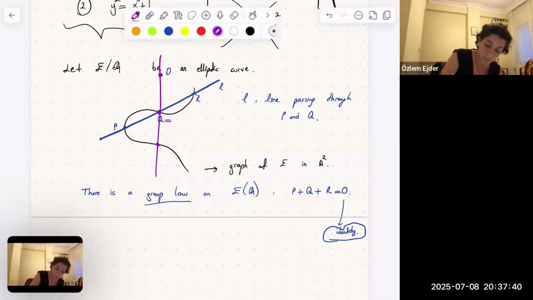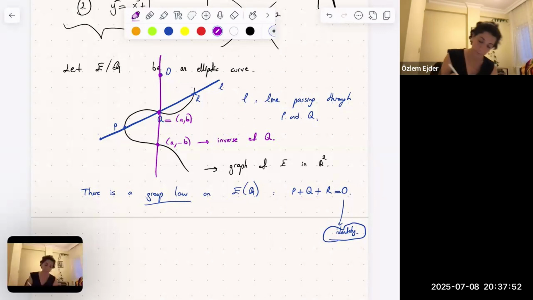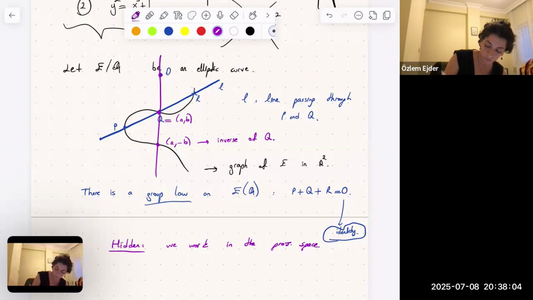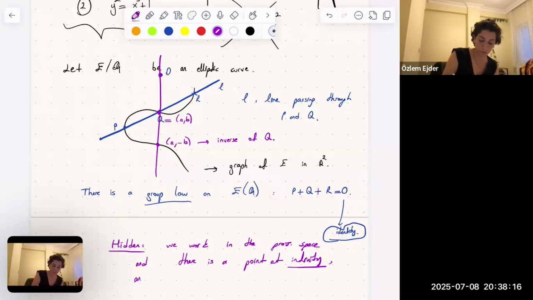Let's say that Q is given by (a, b), and then this point here is (a, negative b), and this is the additive inverse of Q. So what's hidden in this picture is that we work in the projective space, and that there is a point at infinity, and every vertical line passes through this point.